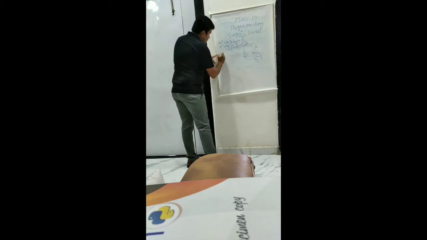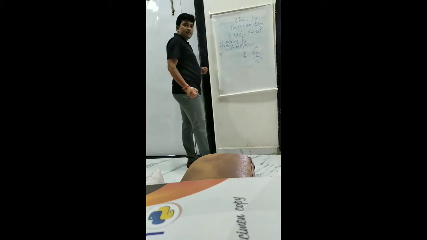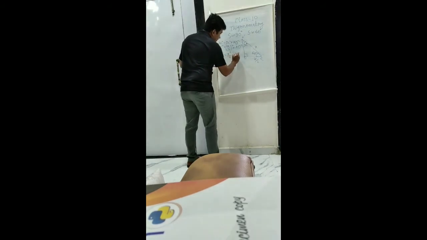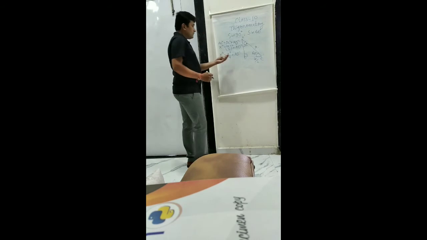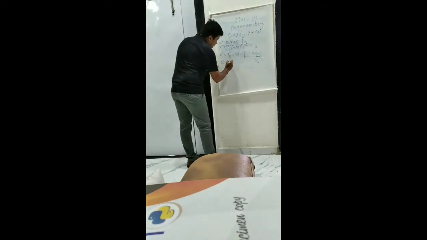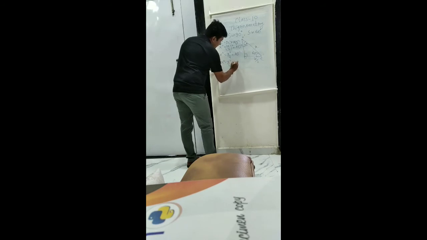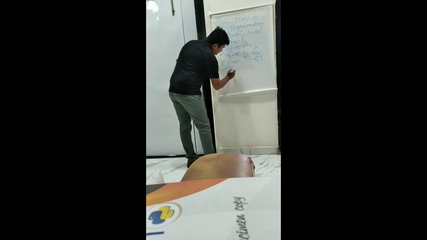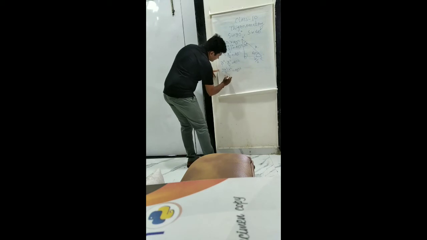Now x square equals x square by 4 plus AD square. Now I am going to shift it to the left hand side, so x square minus x square by 4 equals AD square. So this will be 4x square minus x square equals AD square, so this will be 3x square upon 4 equals AD square.